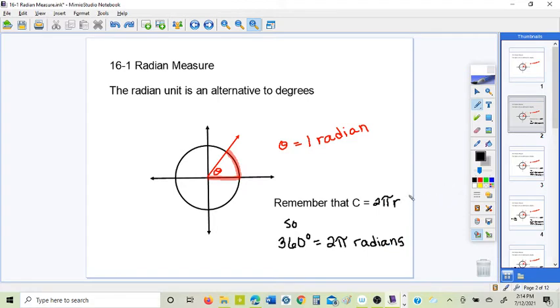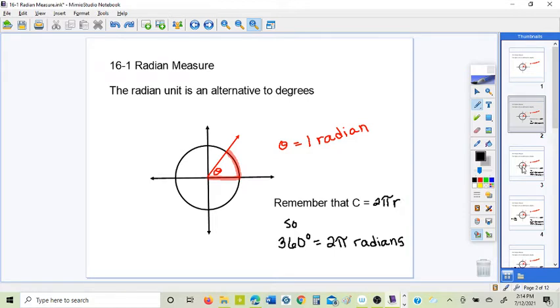Okay, notice that we've kind of skipped out on the r here, and that's because however big the radius is, it's that length, and we will be dealing a lot with something called the unit circle, where we consider that to be 1, and all of our radian measure comes from that circle.